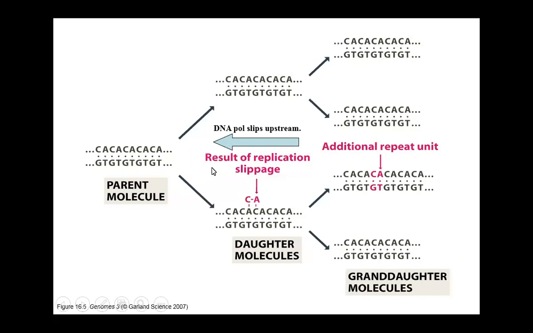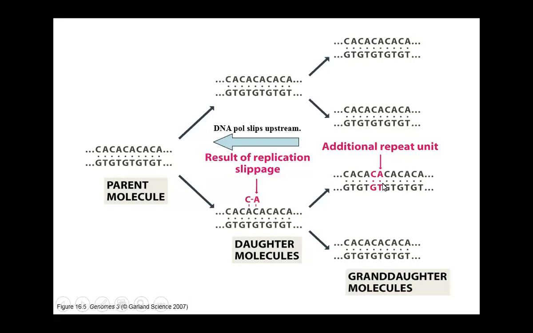And in doing so, in this example here, it slips slightly upstream, and it essentially resynthesizes a small stretch of that DNA, resulting in an insertion or potentially a deletion, depending on which direction it is slipping. This example here shows that we end up with an addition of a CA. And now we have in the DNA an extra CA that has been added.